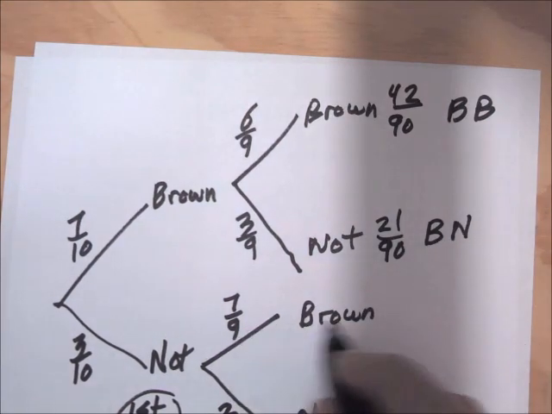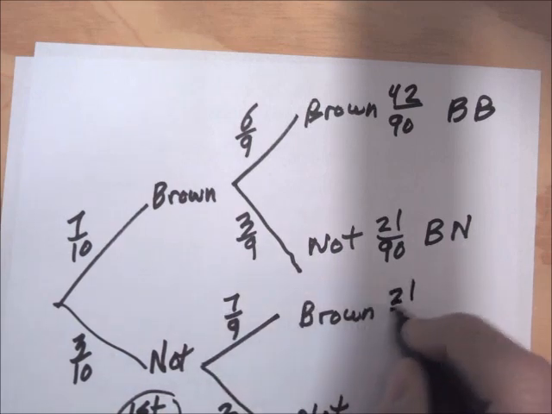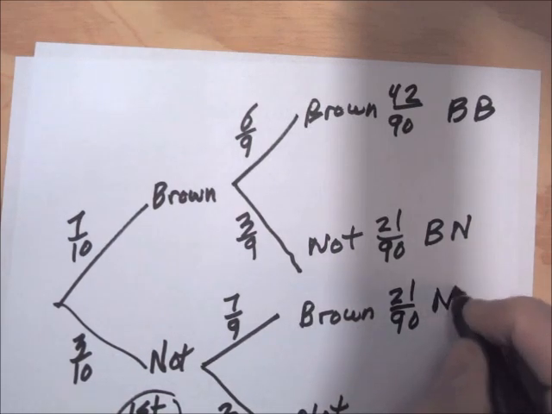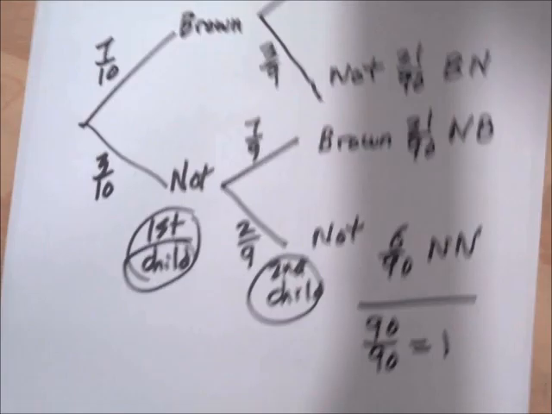And then this path here, 3 times 7, 21 over 90. Not brown and then brown. And the last path, 2 times 3 is 6. 6 out of 90. Neither one has brown eyes. These should add up to 1. 90 out of 90, which is equal to 1.